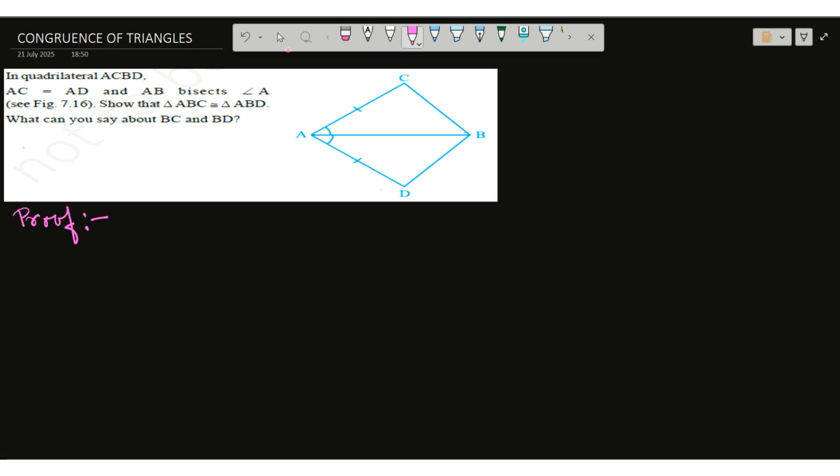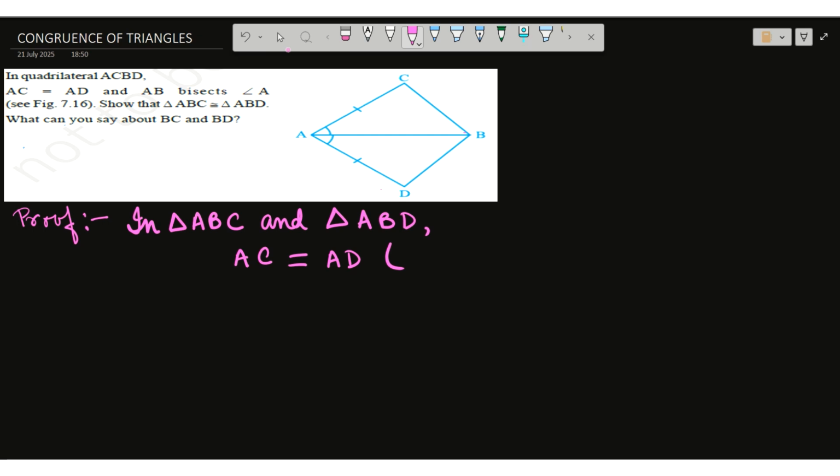In triangle ABC and triangle ABD, what is given? First, it is given that AC is equal to AD.